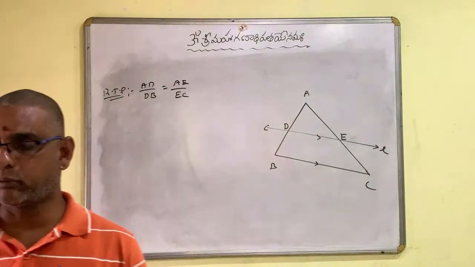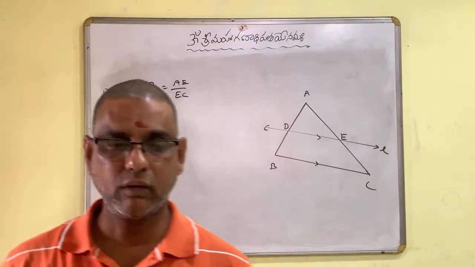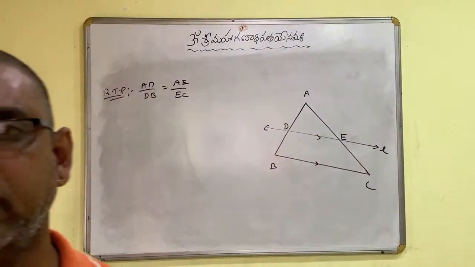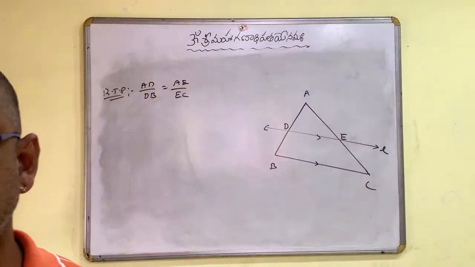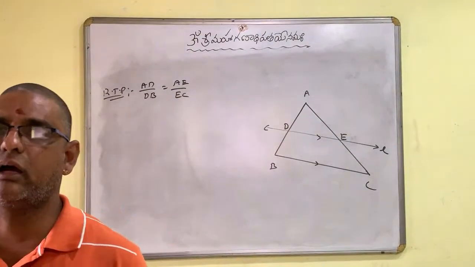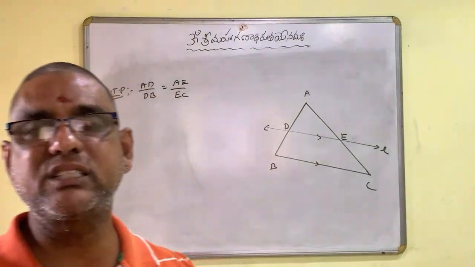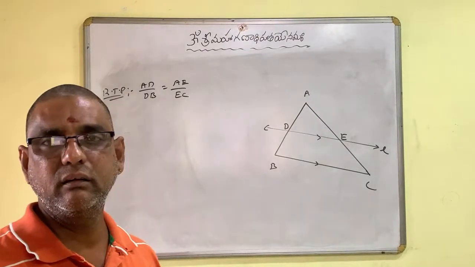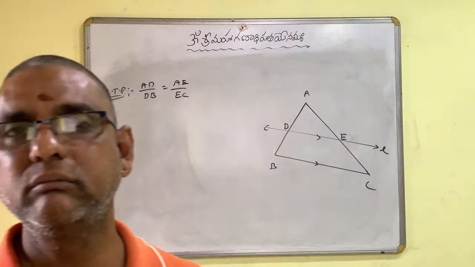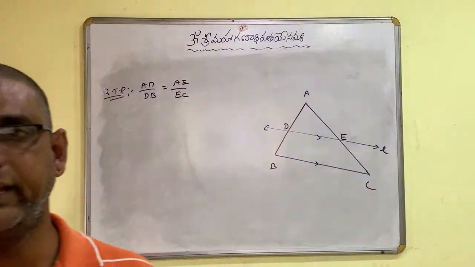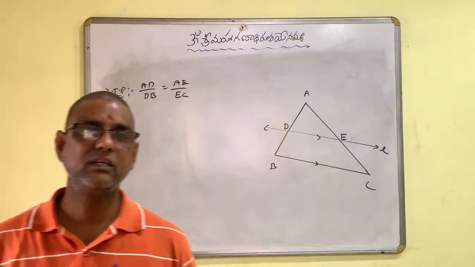This is what the basic proportionality theorem says. Once again, I am repeating the statement. In triangle ABC, if a line is drawn intersecting two sides of the triangle at distinct points, and it is also drawn parallel to the third side, then it divides the other two sides in the same ratio.